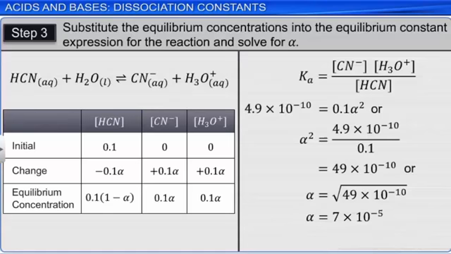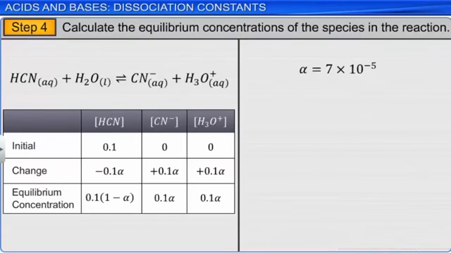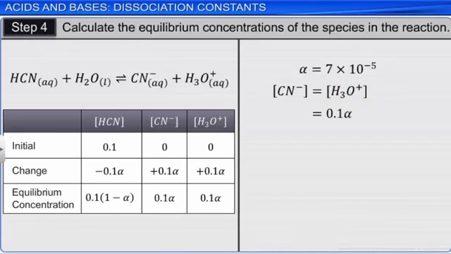In the fourth step, calculate the equilibrium concentrations of the species in the reaction. As alpha is known, the equilibrium concentrations can be easily calculated. Thus, the equilibrium concentration of cyanide ion, which is equal to the equilibrium concentration of hydronium ion, is equal to 0.1 alpha, can be written as 0.1 multiplied by 7 multiplied by 10 raised to the power minus 5.